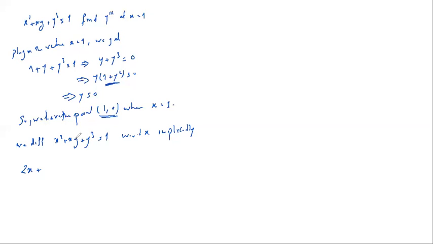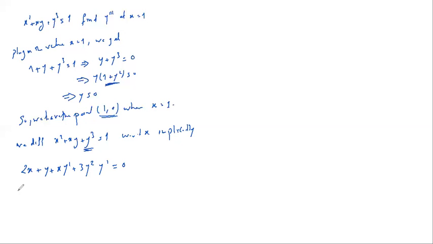So to get the derivative of xy, using the product rule, derivative of the first times the second plus derivative of the second times the first. So we get derivative of x is 1 times y plus x times derivative of y, which is y prime, plus derivative of y to the power 3 is 3y squared y prime is equal to 0.